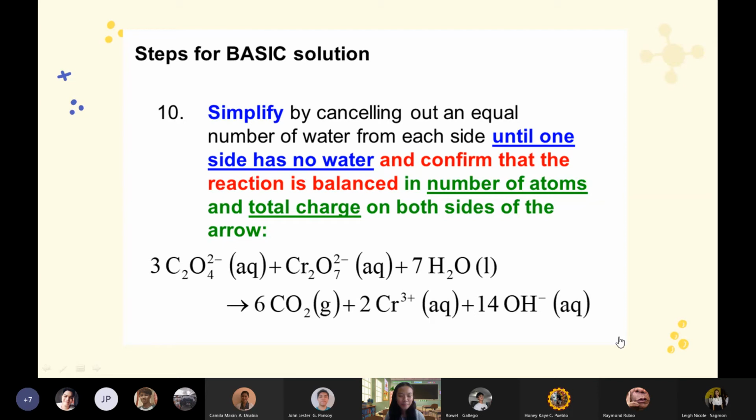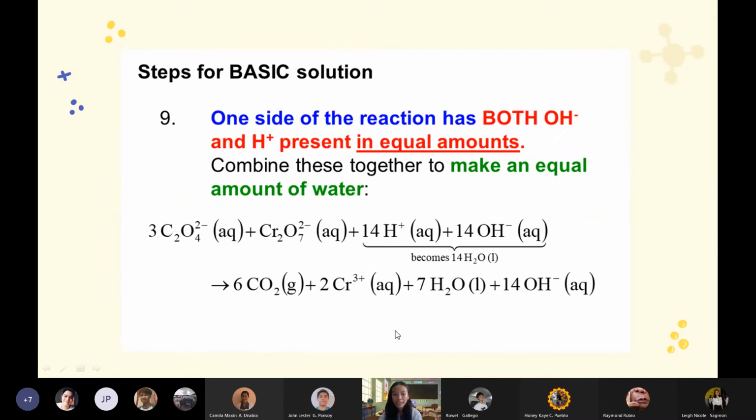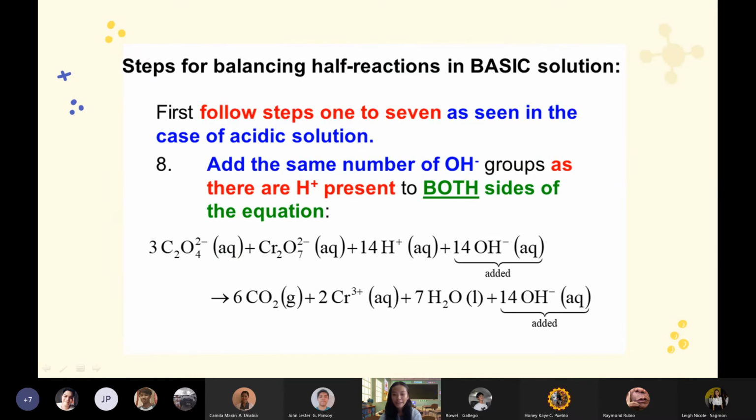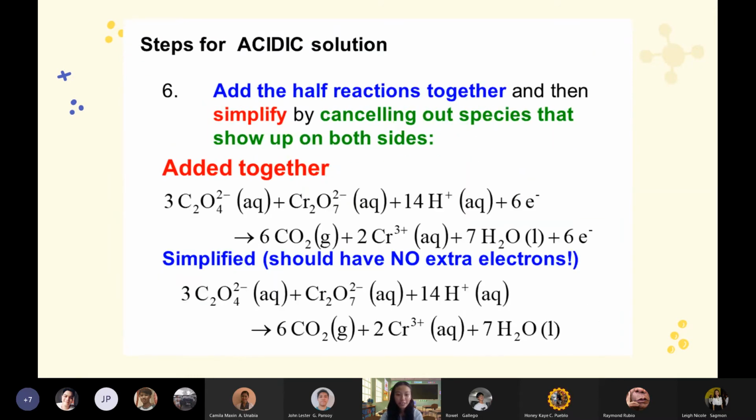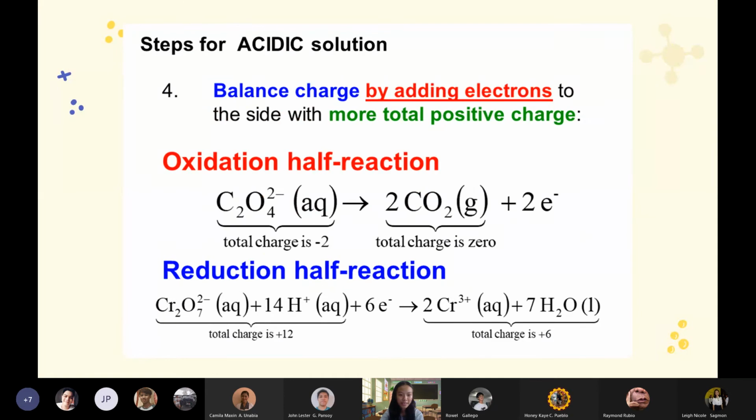Okay, as you can see in this slide, there is an indication of a half reduction and half oxidation. Yes, reduction half reaction. We call that half reaction because in one equation, there is the oxidation and the reduction.